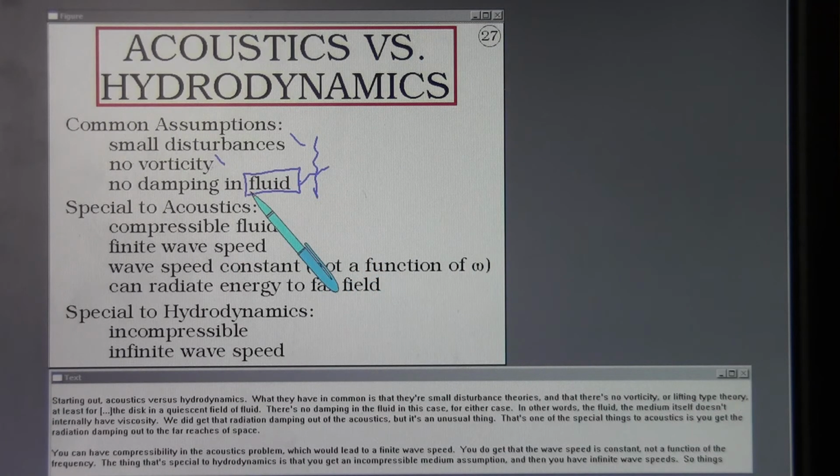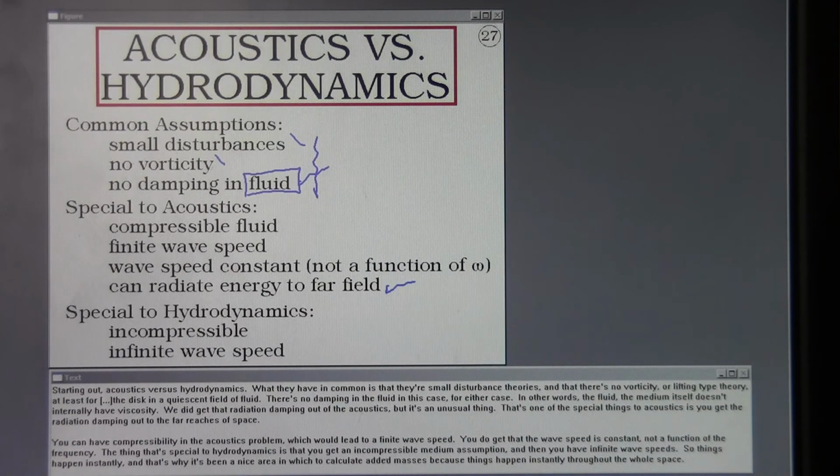Now, we did get that radiation damping out of the acoustics, but it's an unusual thing. And that's one of the special things to acoustics, is you get the radiation damping out to the far reaches of space. You can have compressibility in the acoustics problem, which would lead to a finite wave speed.